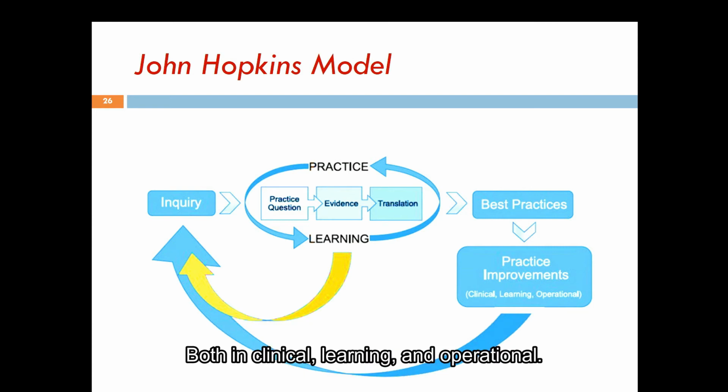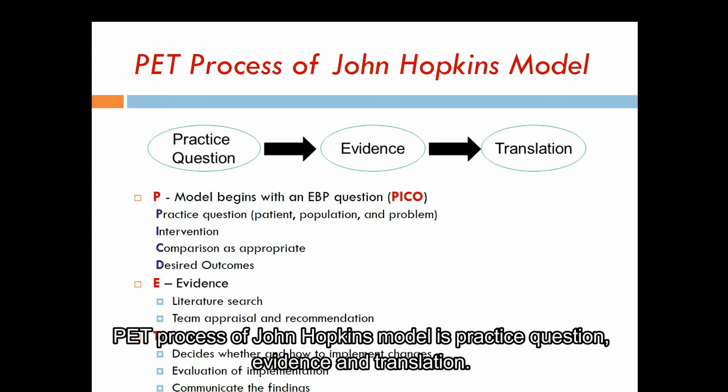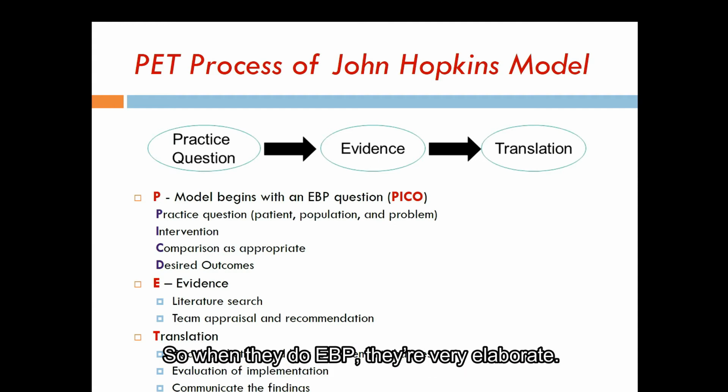Now, PET, I think some of us know, but let's also refresh our memories. The PET process of the Johns Hopkins model is practice question, evidence, and translation. They have developed so many elaborate different forms for us to work with. So when they do EBP, they're very elaborate.